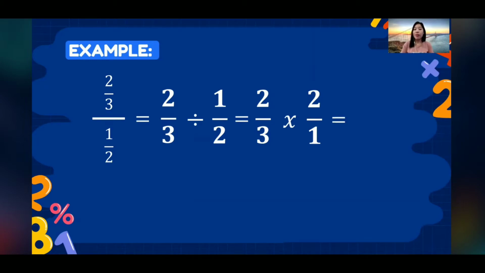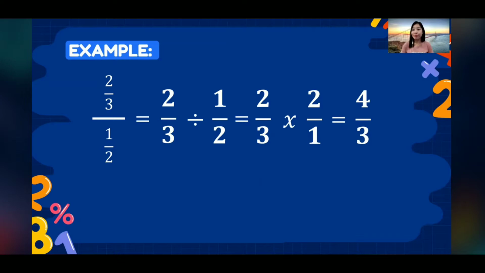In multiplying fractions, don't forget that we will first multiply the numerator of the first fraction by the numerator of the second fraction. So 2 times 2, we have 4. That's correct. And then we will multiply the denominator of the first fraction by the denominator of our second fraction. So 3 times 1, 3. So we will get 4/3.